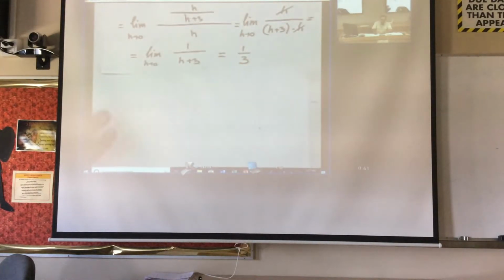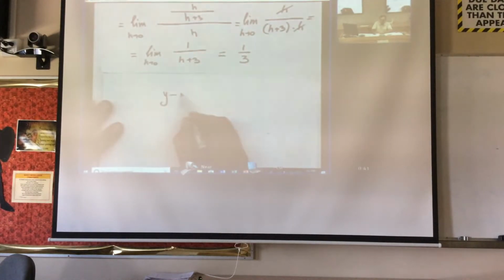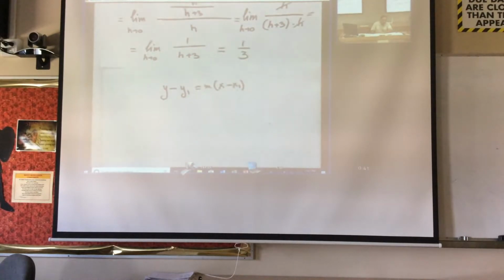Let's use point-slope. y minus y sub 1 equals m times (x minus x sub 1). So we have point-slope. We know what we have for y sub 1, that's 1. So y minus 1, slope is 1/3 times (x minus 1), because the point was 1, 1, right?